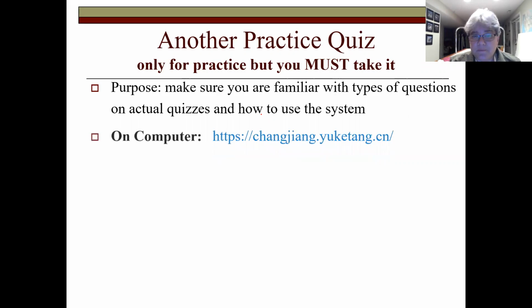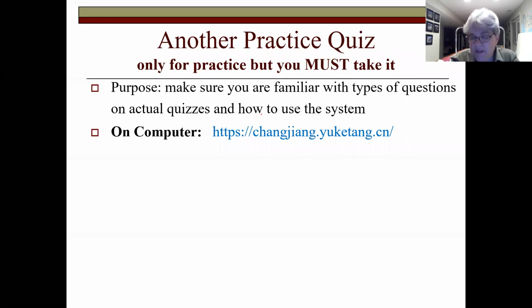The other thing that we're going to change is from now on, the quizzes you're going to take on your computer and not on your phone. This is going to be a requirement from the university for the final exam, so we need to practice that now. It's actually easier to take the quizzes on your computer because you can type in things, you can see things better.